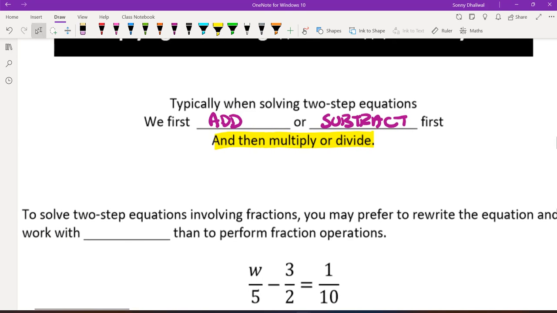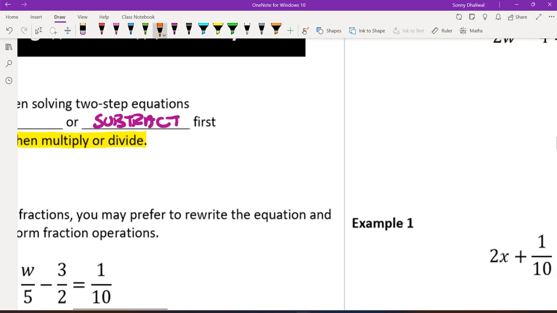To remember that, try to think of reverse BEDMAS. Usually with BEDMAS, we multiply and divide first, then add and subtract, so that we're going the opposite direction. Think about adding and subtracting first, then multiplying and dividing.